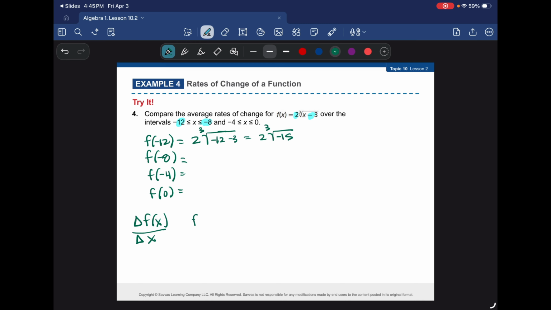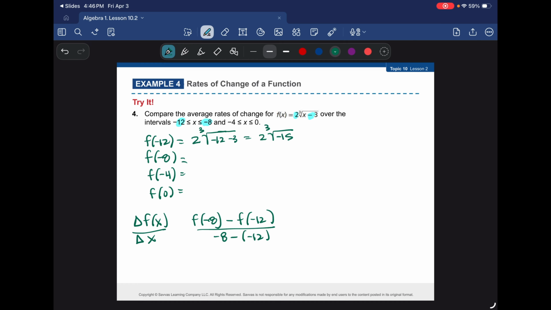So we would take f of negative 8, whatever that value was, and subtract f of negative 12. And then we would do the change in input, which would be negative 8 minus negative 12. Be careful with our negative numbers. Okay? So that means you would be adding 12 instead. Okay? And you would do that same process for the others.